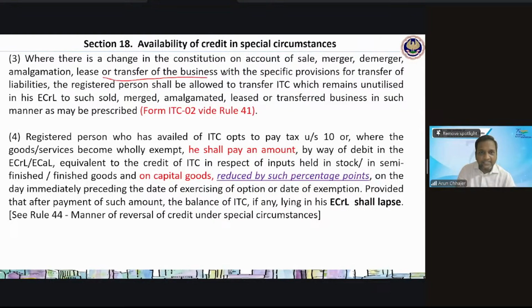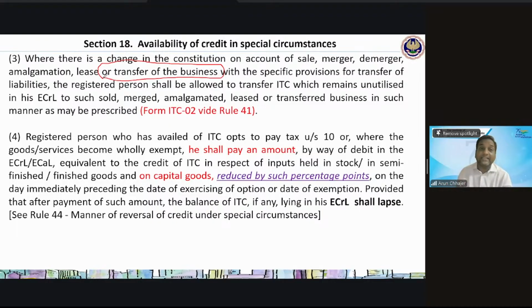Transfer of the business. Death of the proprietor. Mr. A is expired. Now his business is being carried on by Mr. B, his son. Will it get covered by 18 subsection 3?